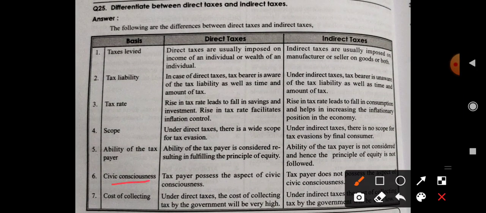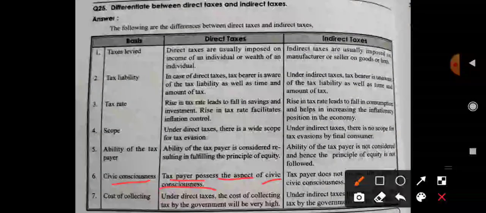Civic consciousness. The taxpayer possesses the aspect of civic consciousness. ఇది ఏదో ఎప్పటికే అని everyone who is paying tax has civic consciousness, means they are thinking about the country, because whatever taxes we are paying, that will be utilized for the public welfare activities.